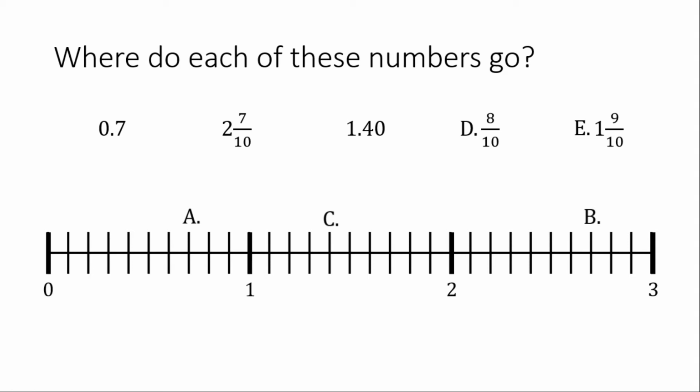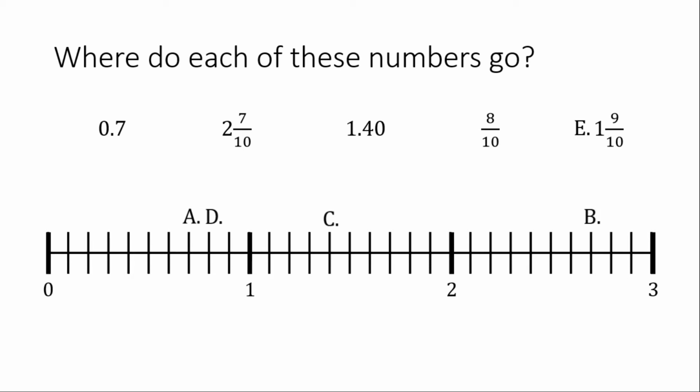What about D? D is 8/10. That's less than 1, so we'll start at 0. 1, 2, 3, 4, 5, 6, 7, 8. We'll put it over there. And finally, E is 1 9/10.